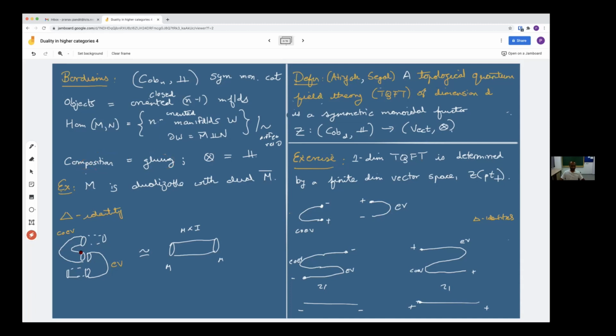Okay, so here's a picture in this COB category. This is a picture in COB2. On the left-hand side, I have the circle disjoint union the empty manifold. Now I have a cobordism from that to the union of 3 circles. That's this bent cylinder and this cylinder.